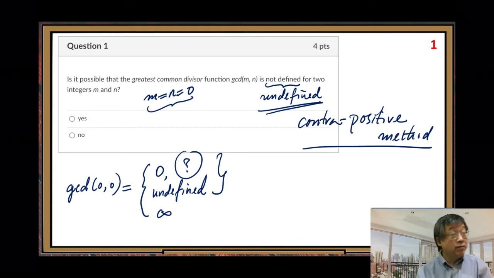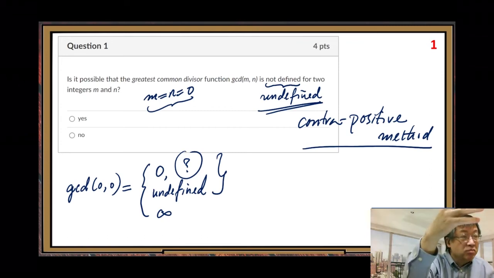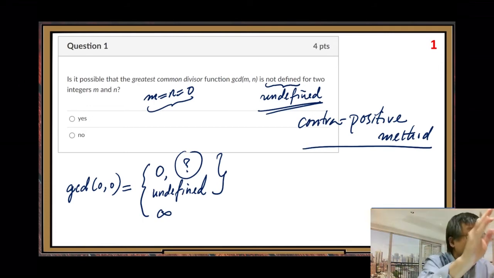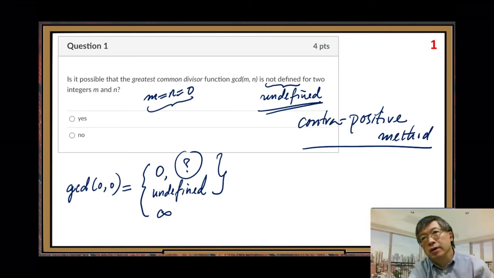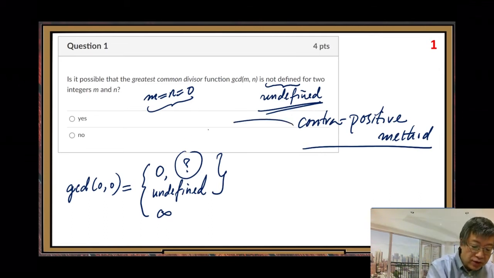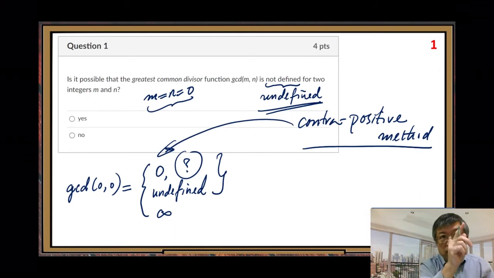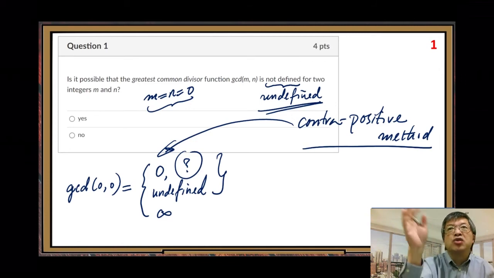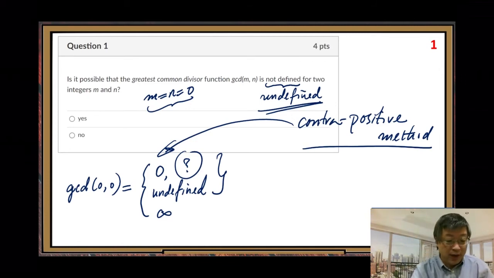In discrete math, you learn this method. In math proofs, we frequently use this method. Here, we use this method to show that if this is correct, we get some contradiction.